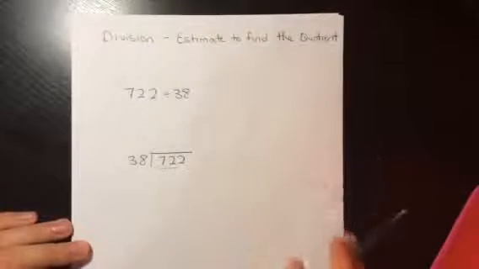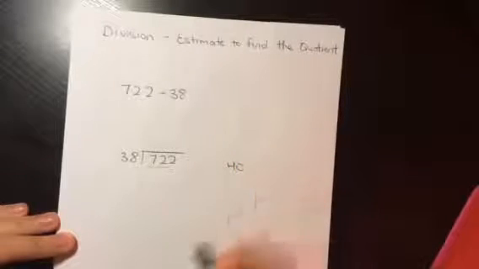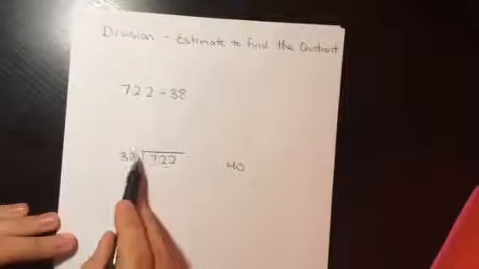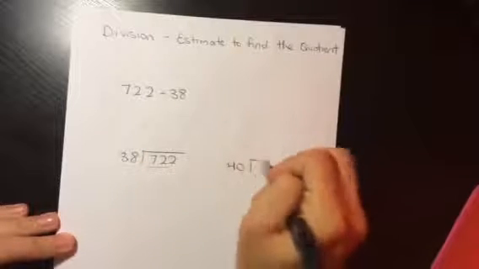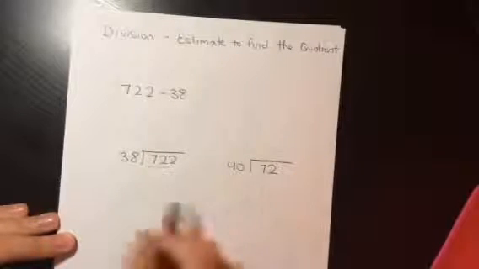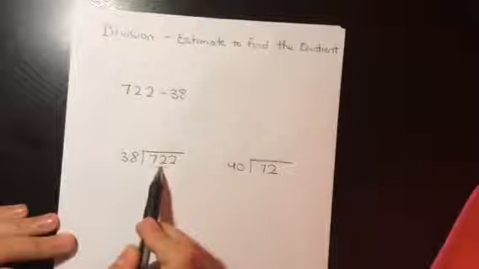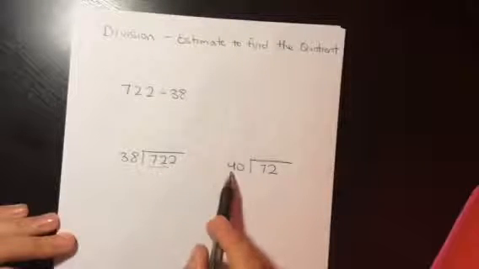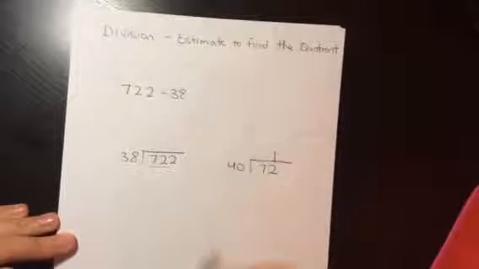So to estimate to find the quotient, we would do the following. We would estimate only the divisor, which is this number outside, the number we are dividing by, not this 72, which is the number I'm dividing at this moment. So I can see that 40 can go into 72 only once. It can't go in twice because that will be 80.